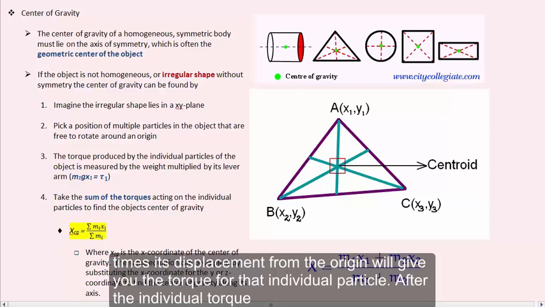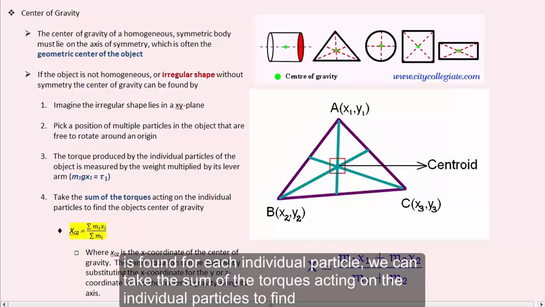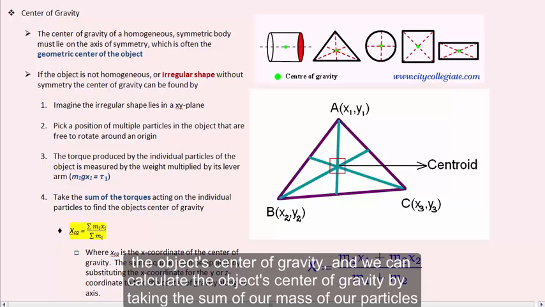After the individual torque is found for each particle, we can take the sum of the torques acting on the individual particles to find the object's center of gravity.